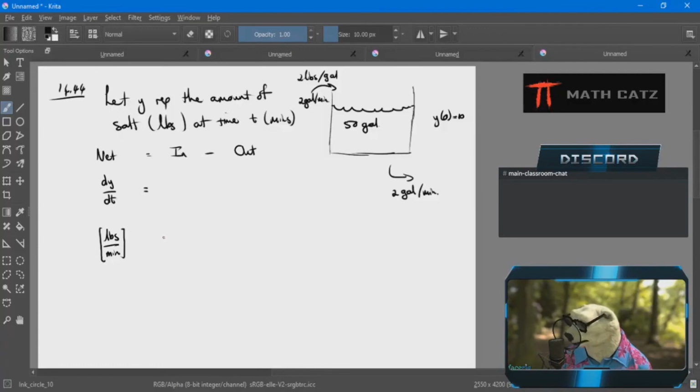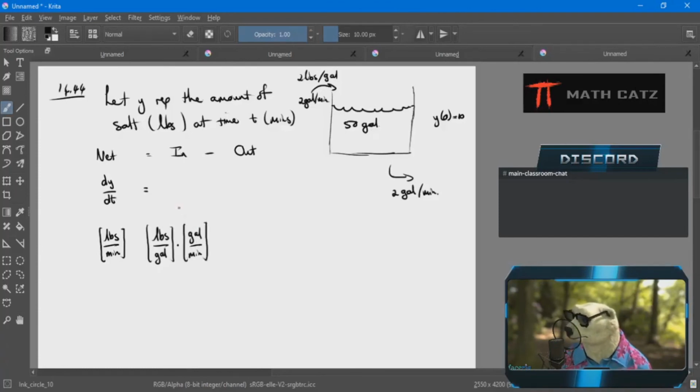So I need to make sure that for the flow in, I'm looking at pounds of salt per minute. They tell me it's 2 pounds per gallon at a flow rate of 2 gallons per minute.